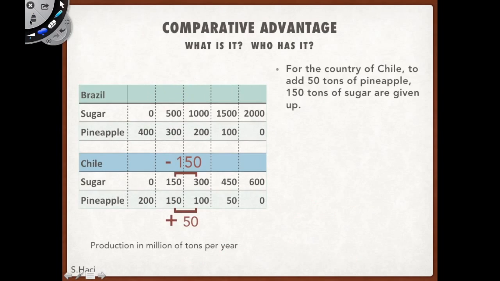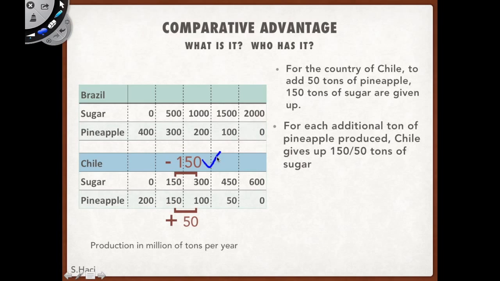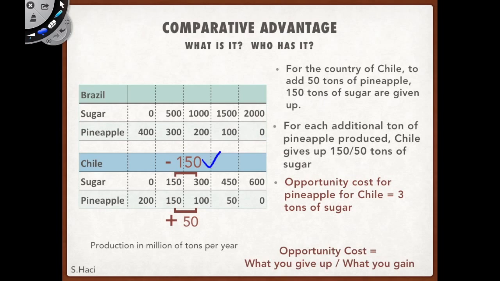And the last one, for Chile this time, if they wanted to add 50 tons of pineapple, they would have to give up 150 tons of sugar, which means that for each additional pineapple produced, they give up 3 tons of sugar, 150 divided by 50.